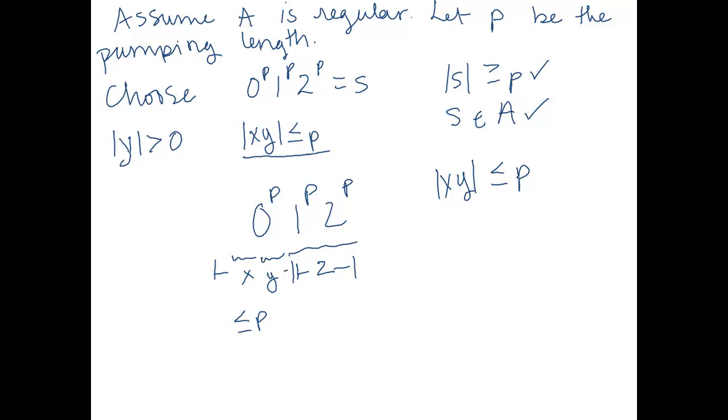That gets way too long. So we're going to say that they have some variable length. The length of y is equal to m. It could be 1, could be 2, could be p, but it's going to be m.